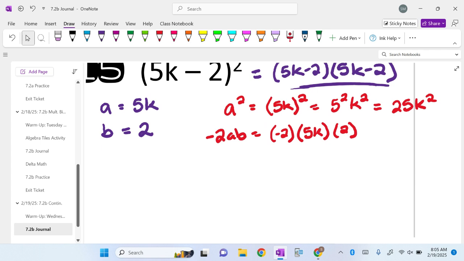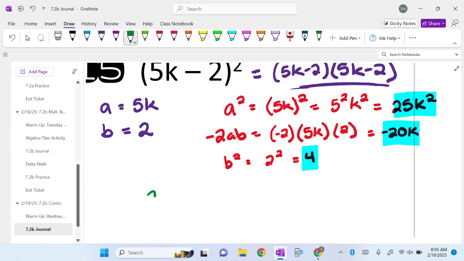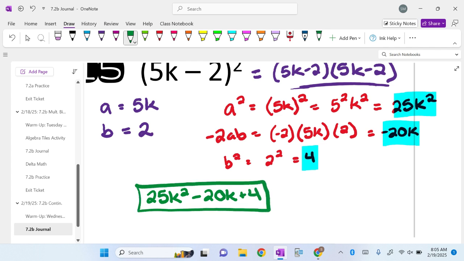Negative 10k, and then times it by 2 again. Negative 20k. Then b squared, we're just doing 2 squared, which we know that's 4. So then I'm going to take these 3 terms and put it in the formula. So your answer should be 25k squared minus 20k plus 4.